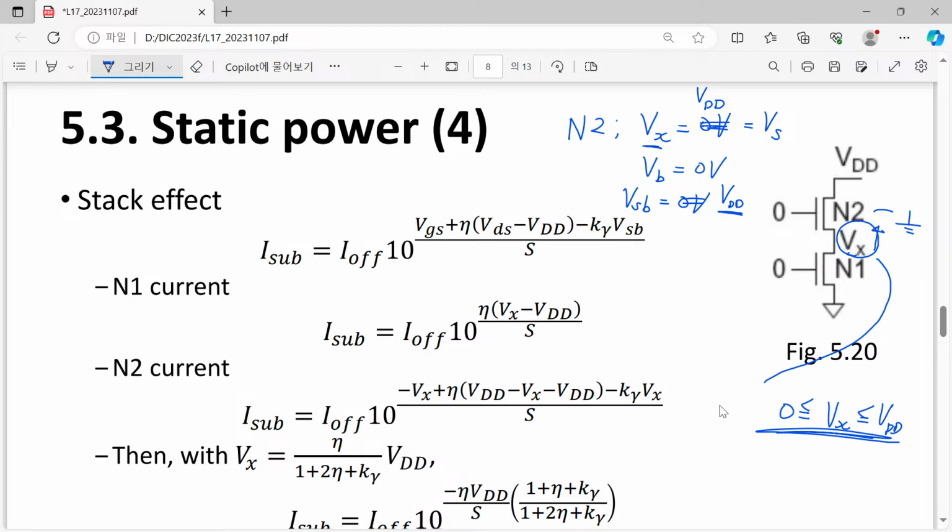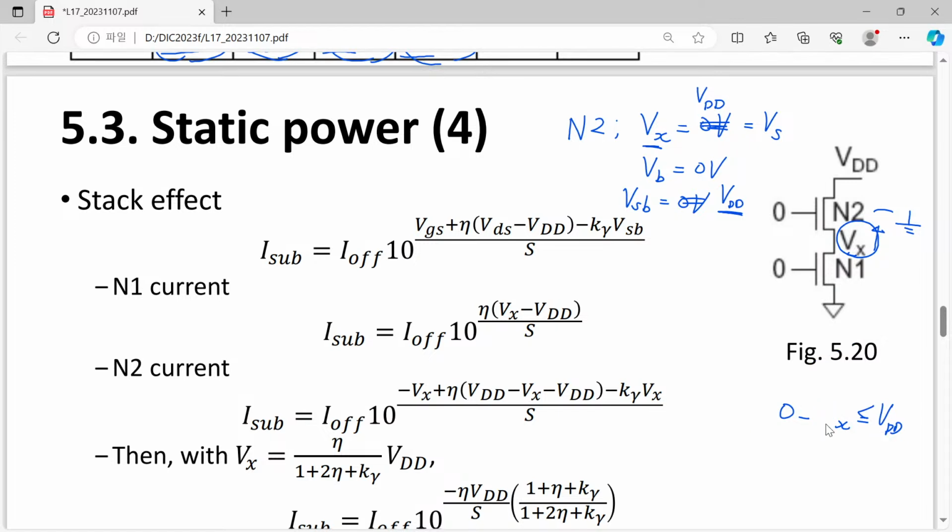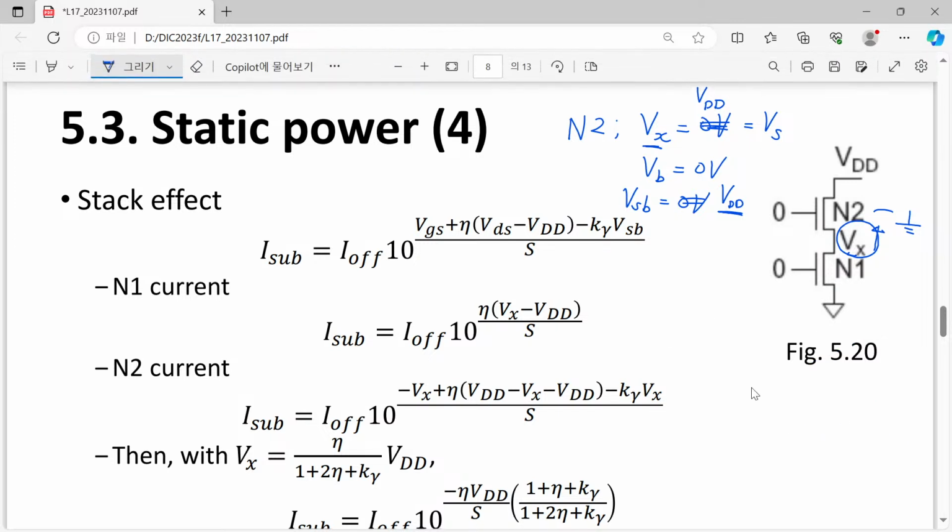So then our next question is, now we have two different devices, one device and another device, and let's say that this one has relatively high Vt and this is relatively low Vt. What does it mean?